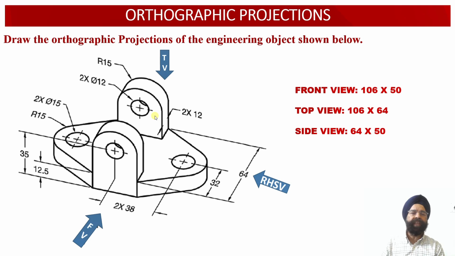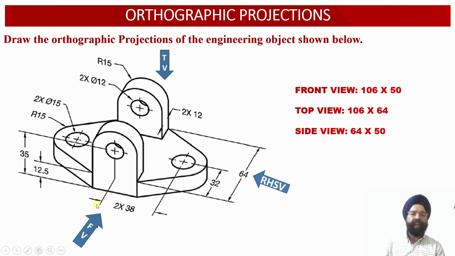Using the information available in the 3D construction of this solid, we are required to obtain the front view, the right hand side view and the top view orthographic projections corresponding to this engineering object. So in order to obtain orthographic projections of this engineering object, we must obtain the dimensions of the front view face, the top view face and the right hand side view face corresponding to this solid.